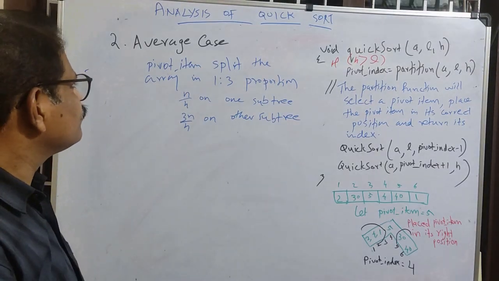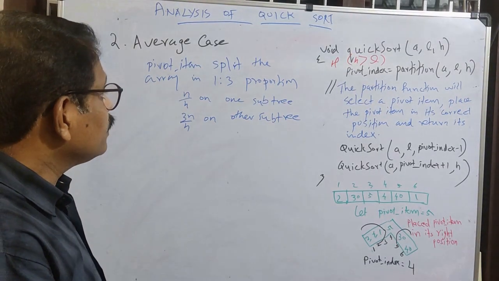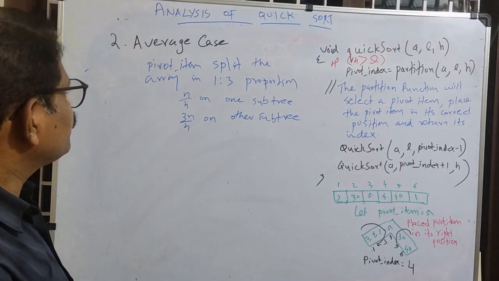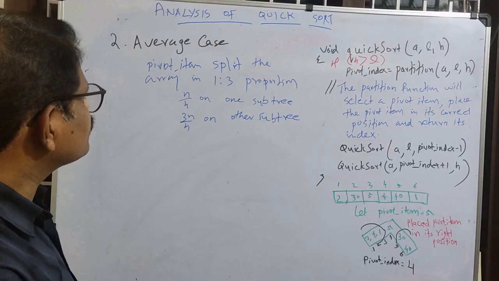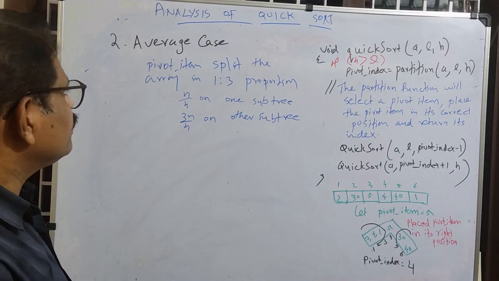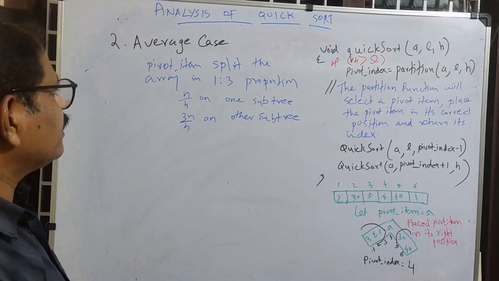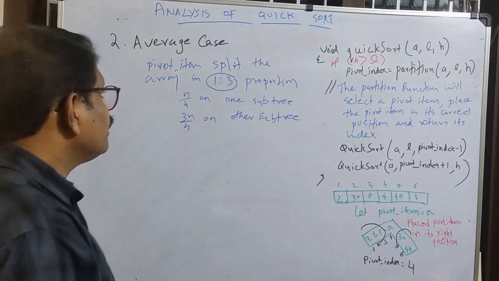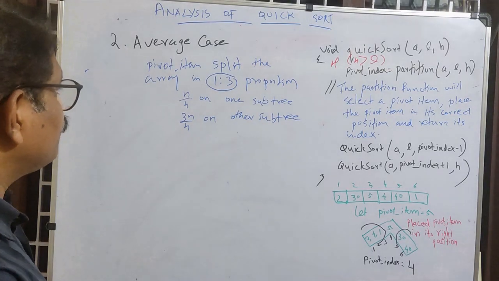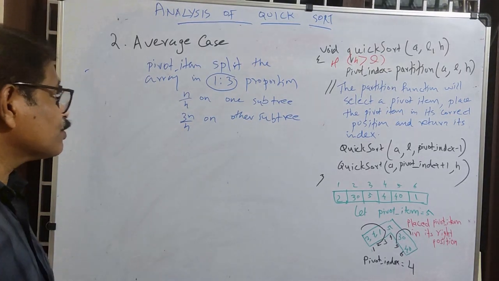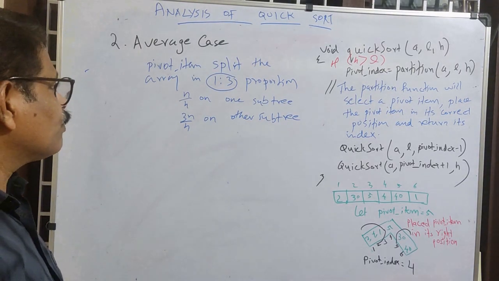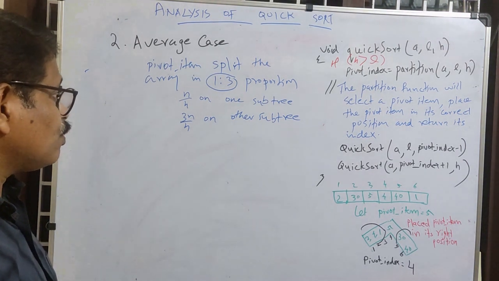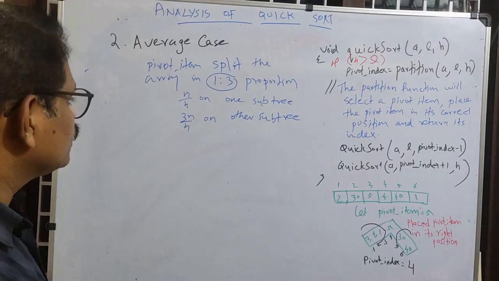In this case, the array will not be split into two equal halves. The pivot item splits the array in some proportion. Let us assume it is partitioning the array in 1:3. So n by 4 of the elements on one subtree and 3n by 4 elements on the other subtree.